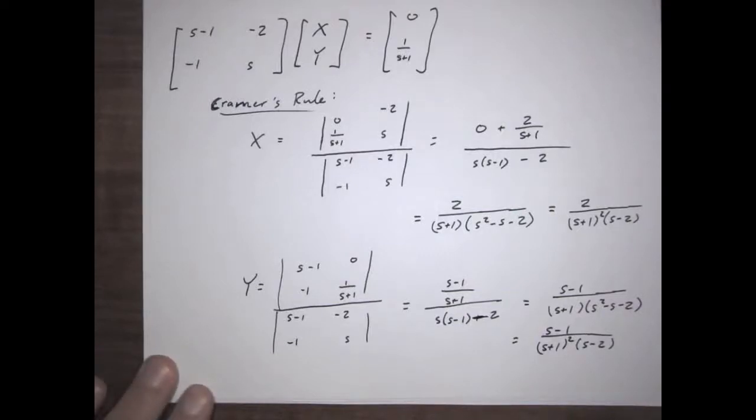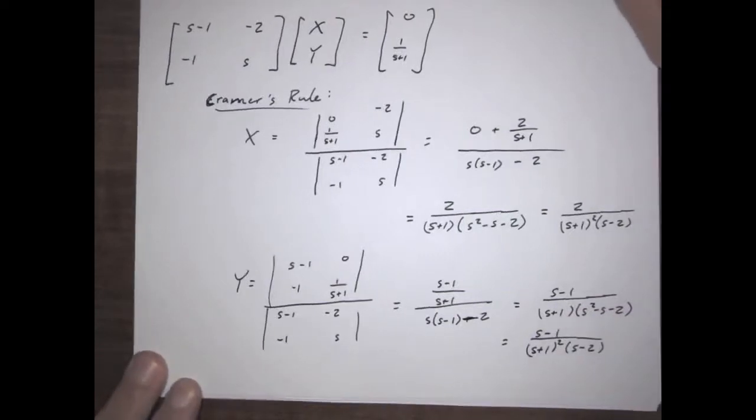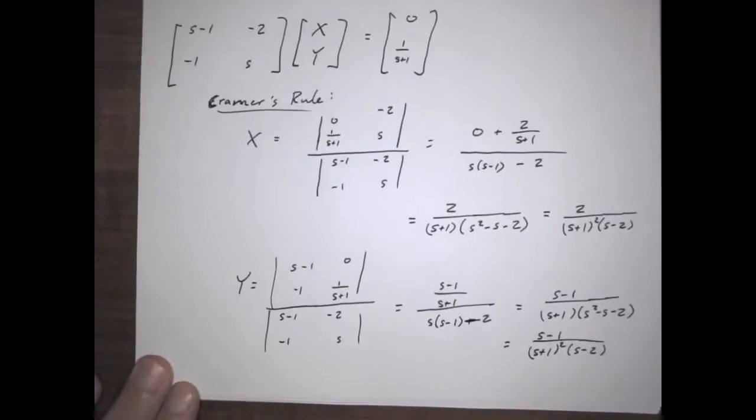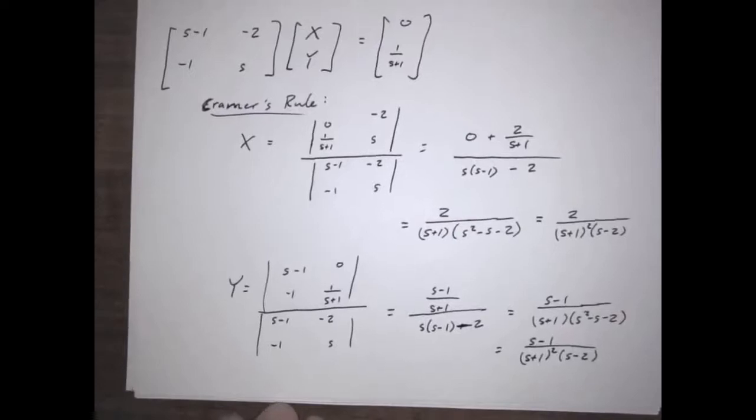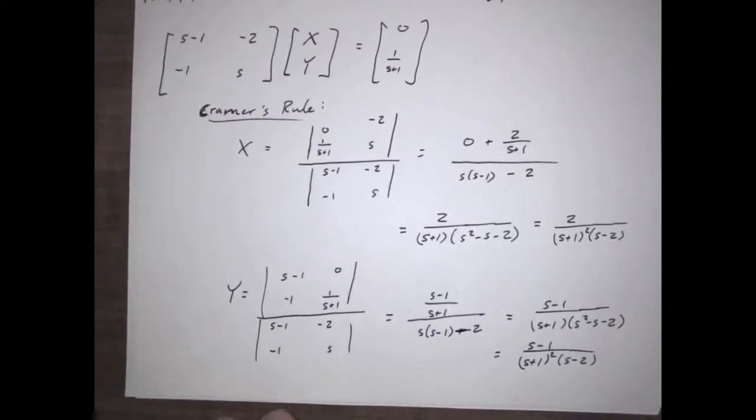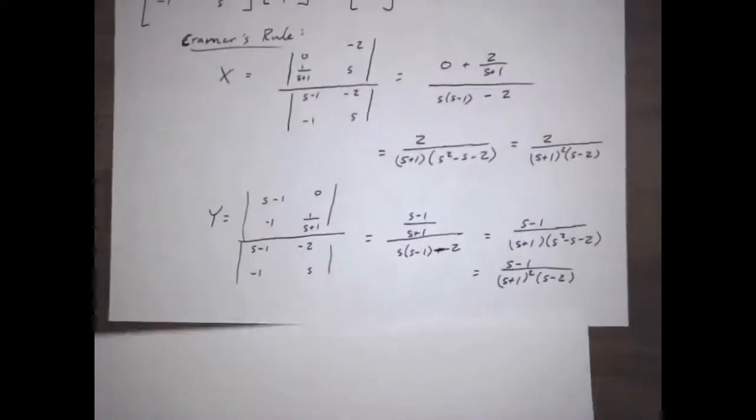So now, all we have to do is a little bit of partial fractions, and we'll be able to figure out then how to break that into two pieces that we can then do the inverse Laplace transform of.